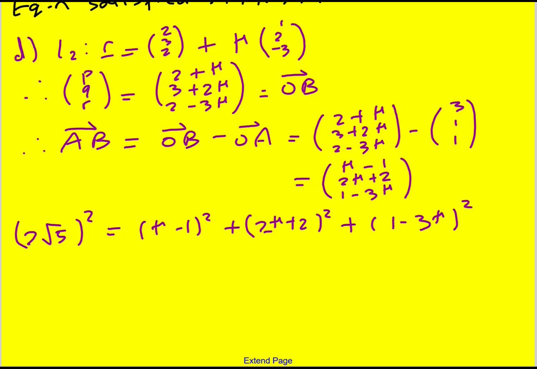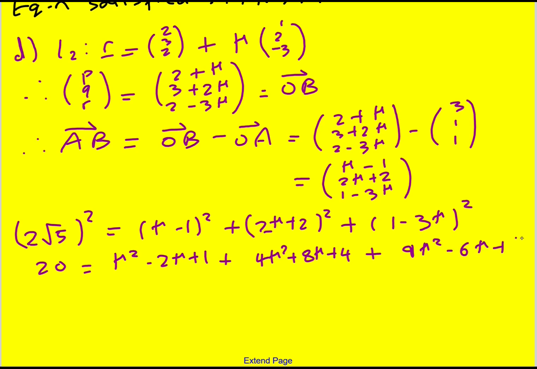And I've created a quadratic to solve. This ends up being, well, 2 squared is 4, root 5 squared is 5, so 20 is equal to mu squared - 2mu + 1 + 4mu squared + 8mu + 4 + 9mu squared - 6mu + 1.